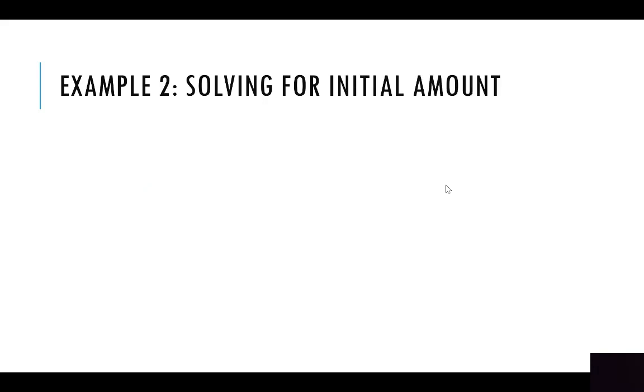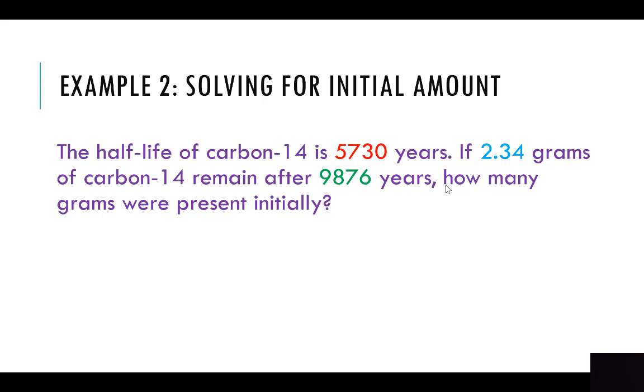Let's look at a different example where this time we solve for the initial. The half-life of carbon-14 is 5,730 years. This is how they do carbon dating to figure out how old a sample is if it used to be living, if it was organic matter.